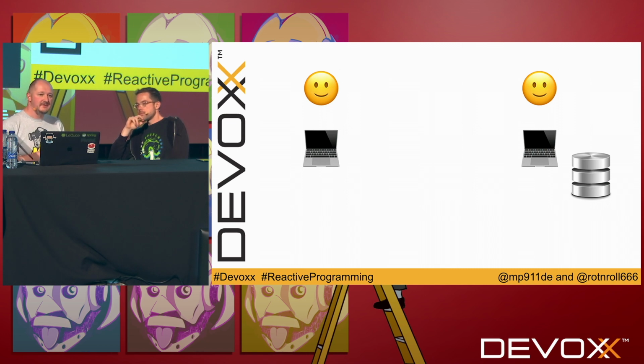So this example here uses the idea of an HTTP client and server. We have on the one hand a client, on the other side a server, which communicate over HTTP. And a fun question for the audience: if the client gets disconnected, what do you think will happen?